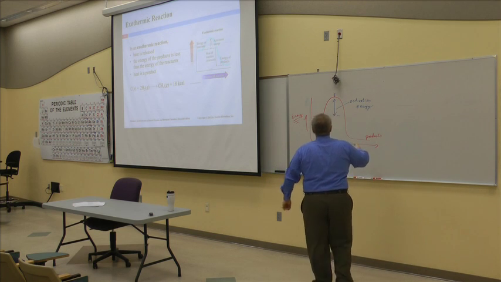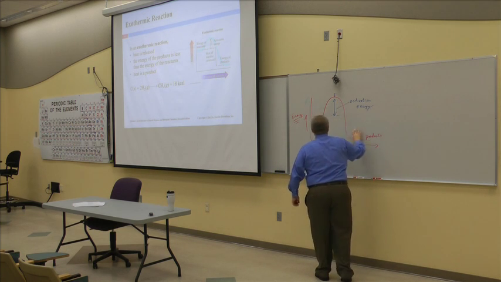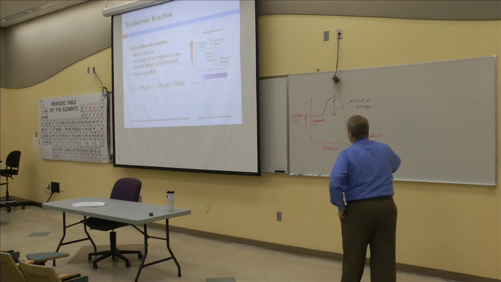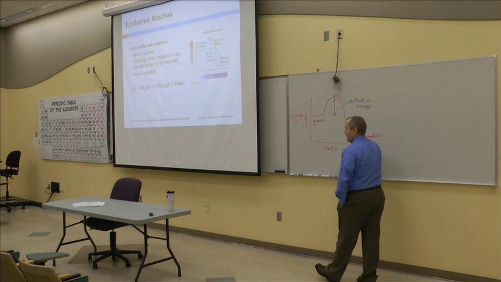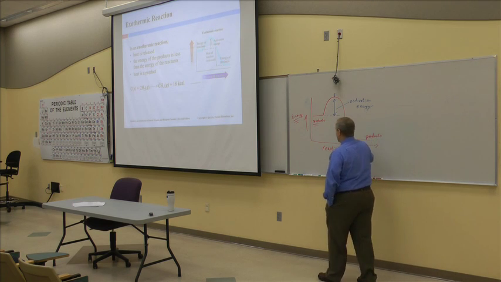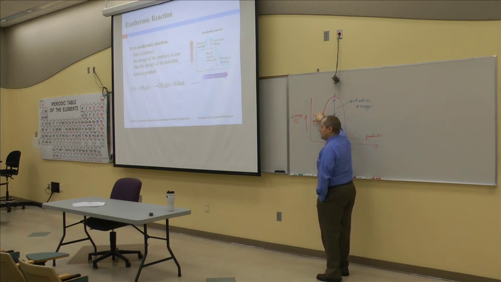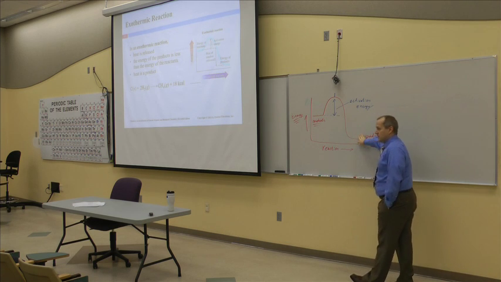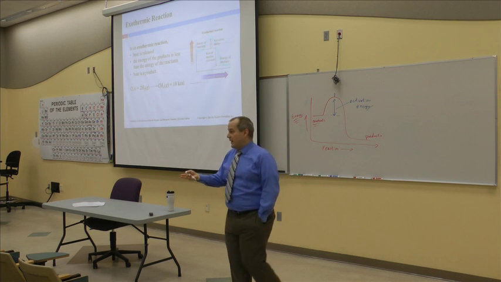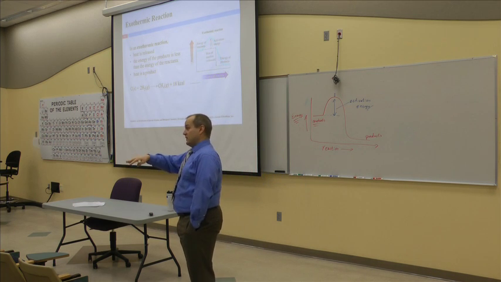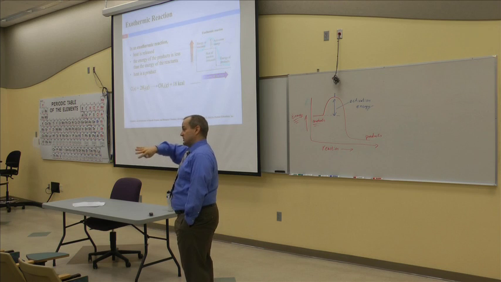Alright. So now, we cascade down to products. Now notice, the energy here is higher than the energy there. So we started out here with more energy than the products gave us. So what happens to that energy? Well, the energy of the whole system goes down.